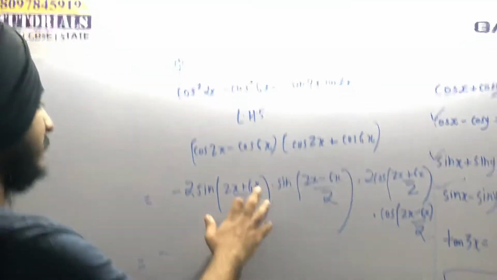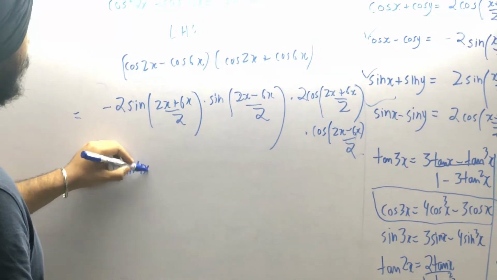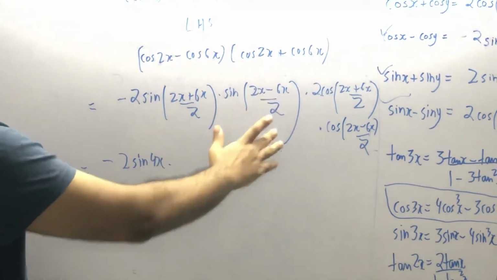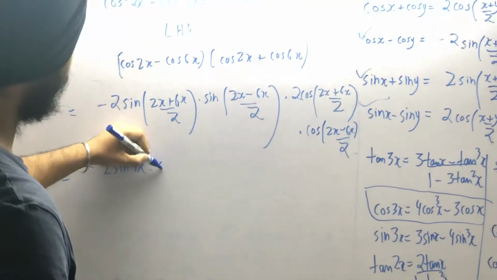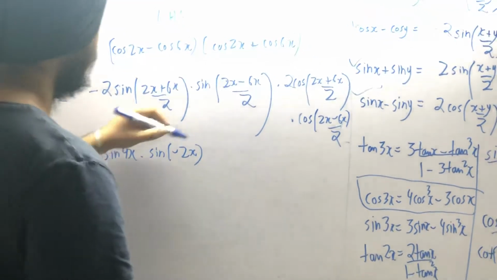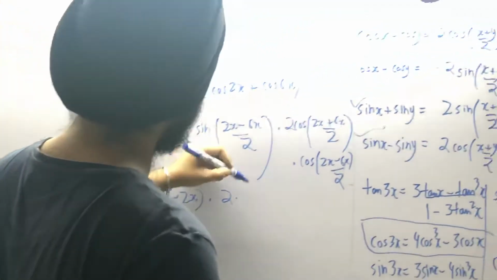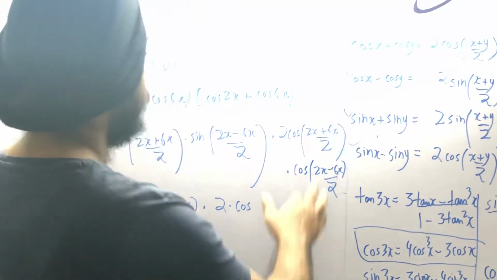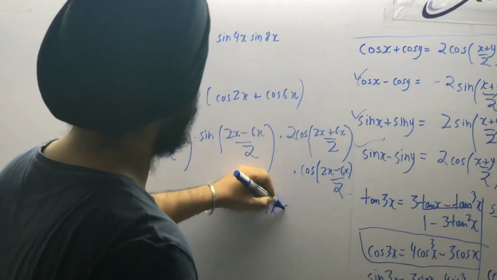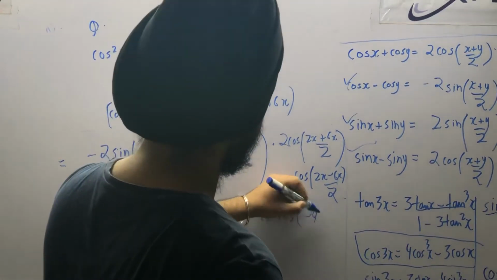So minus 2 sine 4x into sine 2x minus 6x by 2, that is sine minus 2x. Okay, into 2 into cos 4x into cos 2x minus 6x upon 2 is minus 4x.